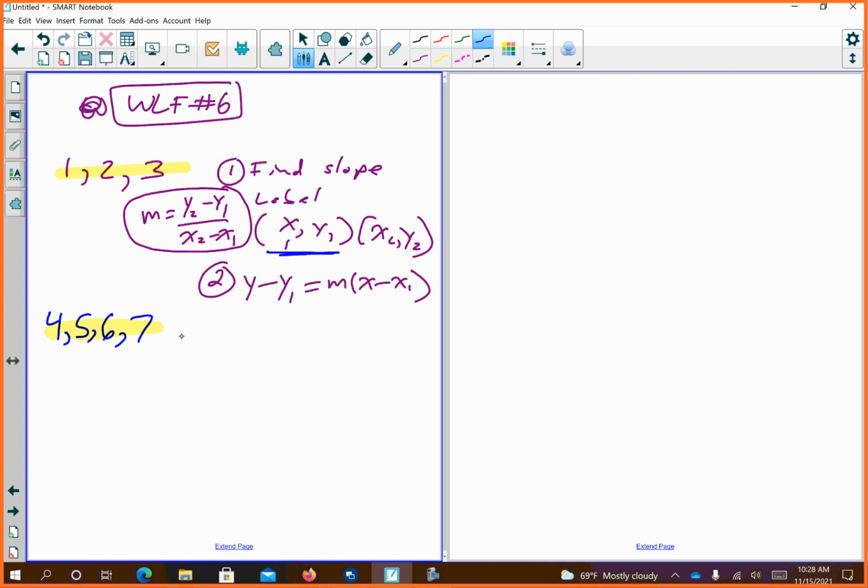So then, same as above, but solve for y. So you put it as y equals mx plus b. Okay. 8, 9, 10 are done the same way.